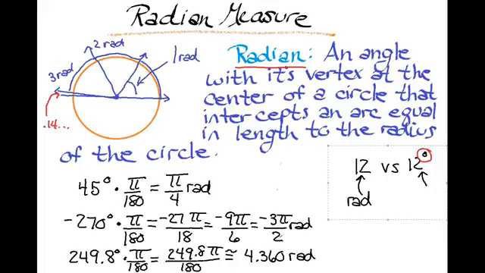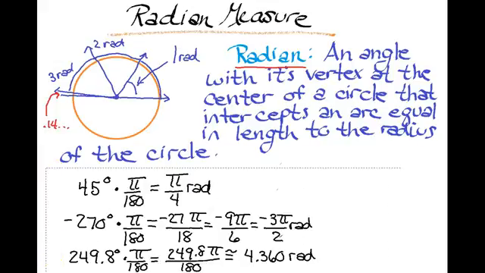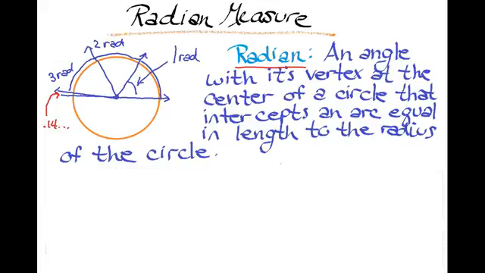All right, so we saw how to convert degrees into radians. Let's go backwards and convert radians into degrees. Again, to convert degrees into radians, you multiply by pi over 180.